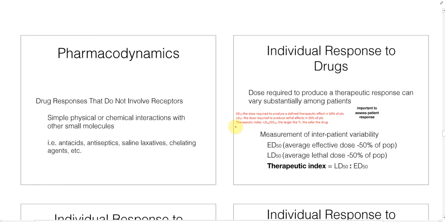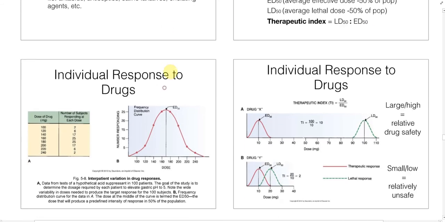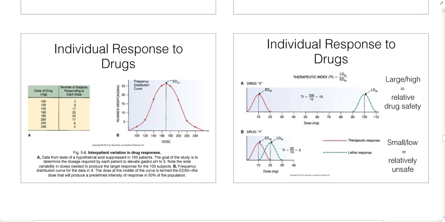And then the therapeutic index, an important term here, is the lethal dose in 50% of patients divided by the effective dose in 50% of patients. That creates a therapeutic range, or therapeutic index, of where your drug dose can go.